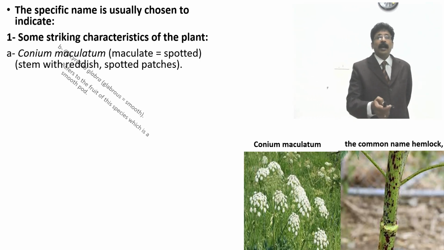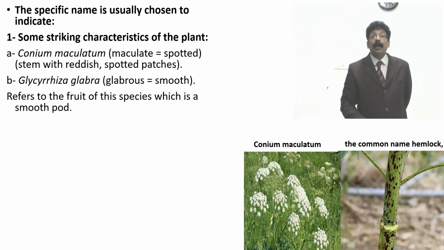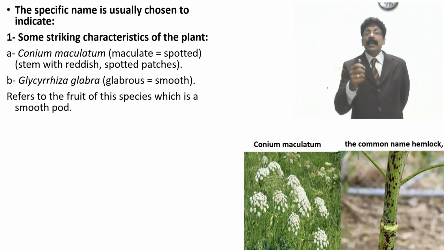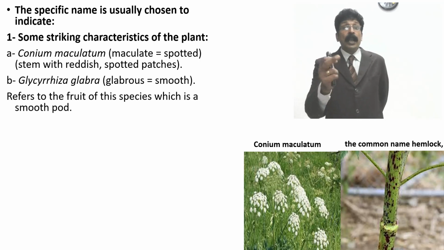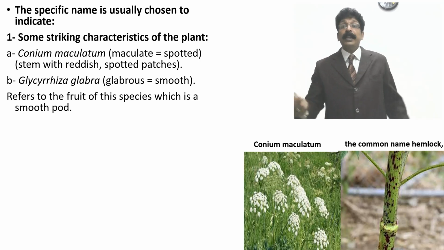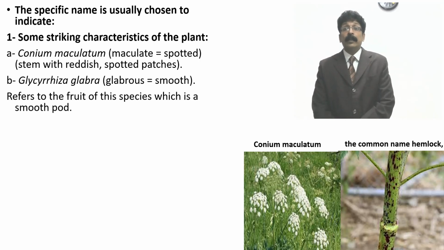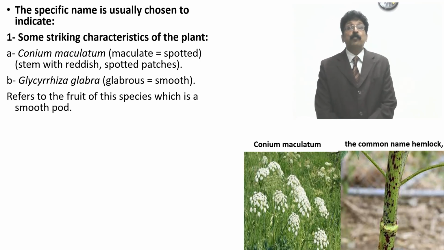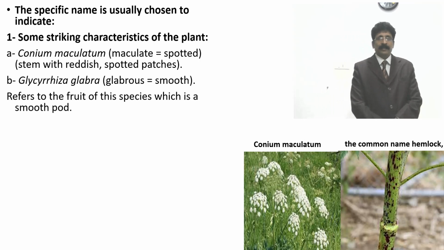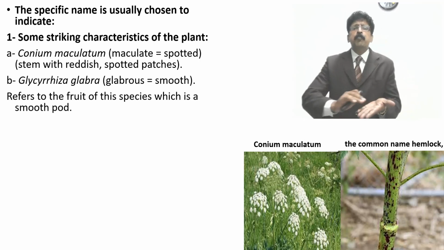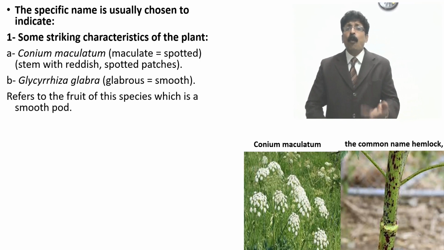See the next one, Glycyrrhiza glabra. In the local name we know this very interesting crude drug as Adimaduram. Glabrous means smooth. This refers to the smoothness of the pod present in that plant.